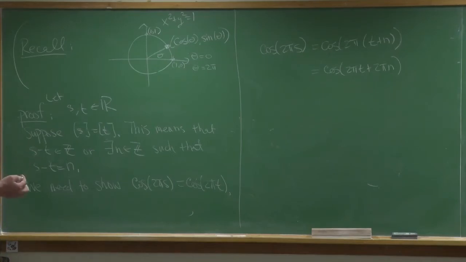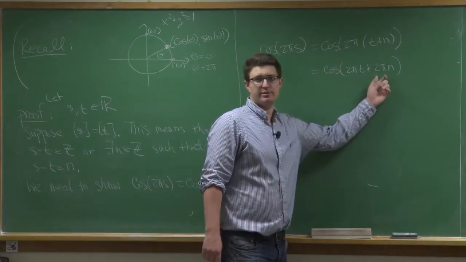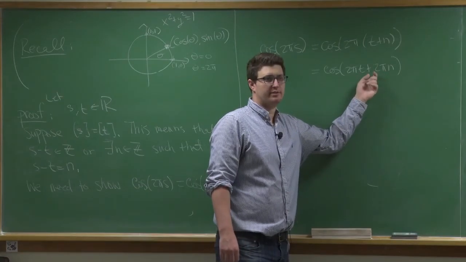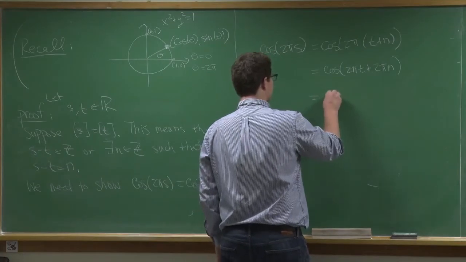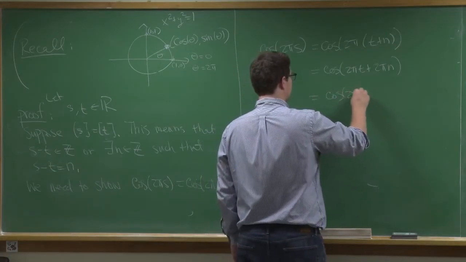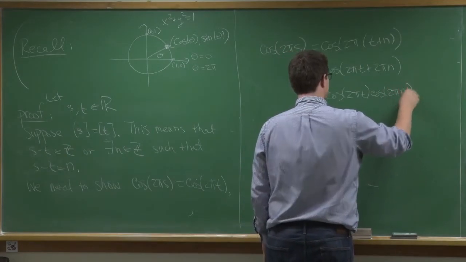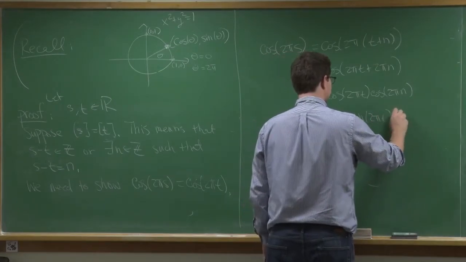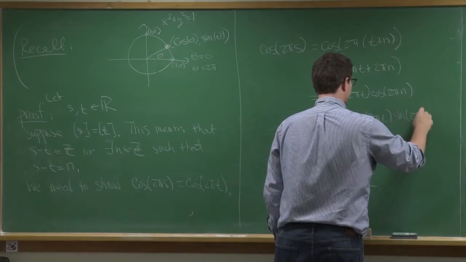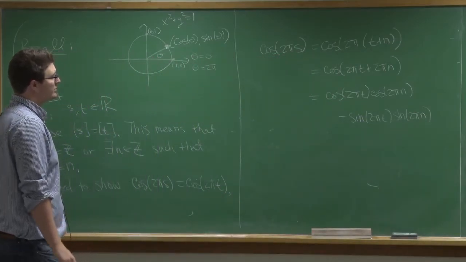What I'm going to do now is, I have a sum of angles, right? Do you guys remember this? So I'm going to use the sum of angles formula. This is cosine of 2 pi t cosine of 2 pi n minus sine of 2 pi t sine of 2 pi n. So what's that equal to?